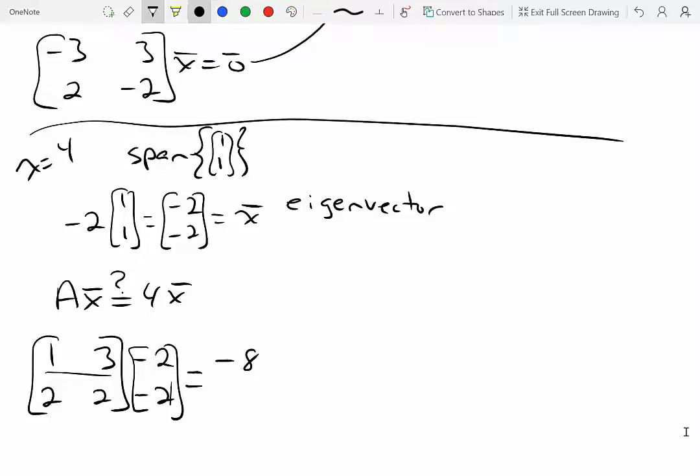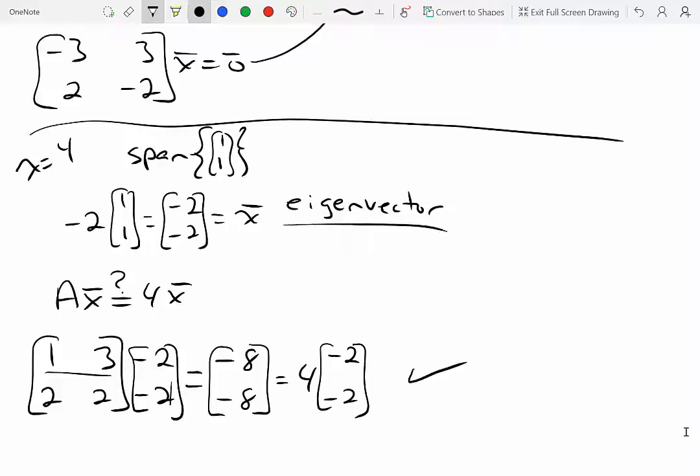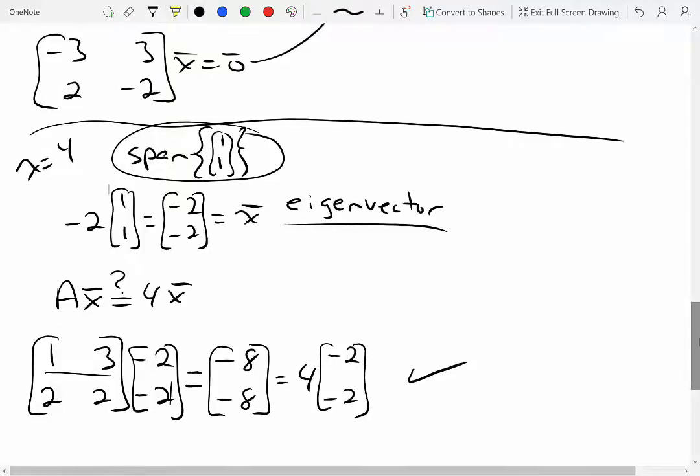And 2 times -2 plus 2 times -2 will also be -8. And then what I can see is that that is in fact 4 times -2, -2. So this works. This is going to be an eigenvector. There's an infinite number of eigenvectors. It's all of those. And since it's the span of a set of vectors, that's going to make it a subspace of R2.